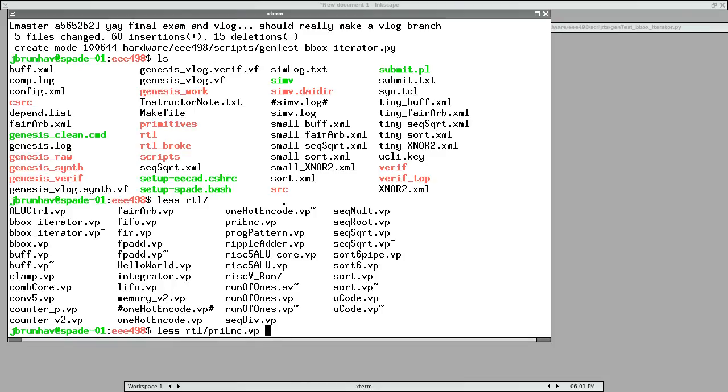Let's start with this priority encoder. FN mono 16.